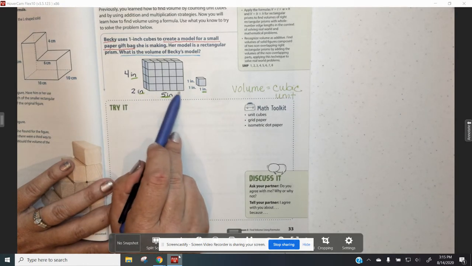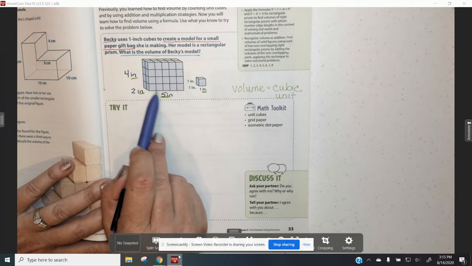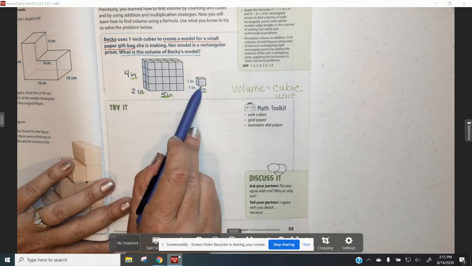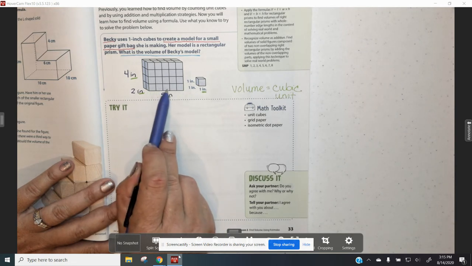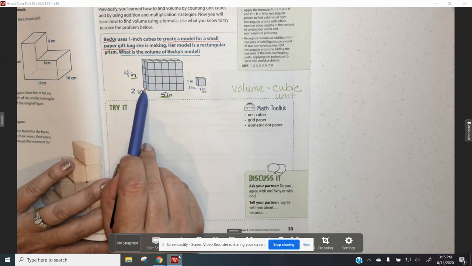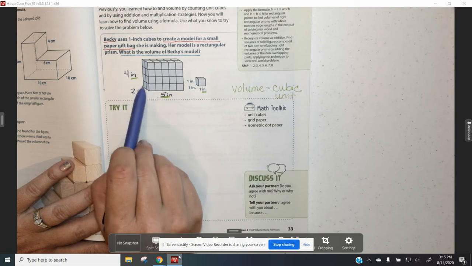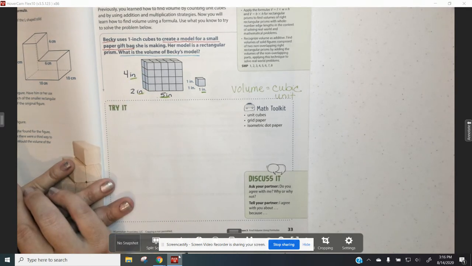And we know that this is 5 inches long, because each edge of one cube is 1 inch, and there are 5 cubes, so that is 5 inches. Our width is 2 because we have 2 inches, and our height is 4 because there are 4 inches.